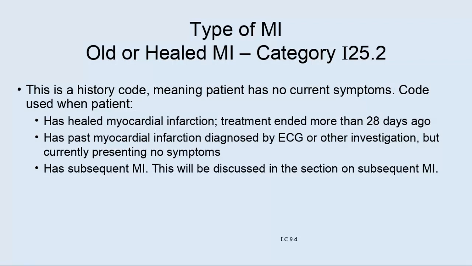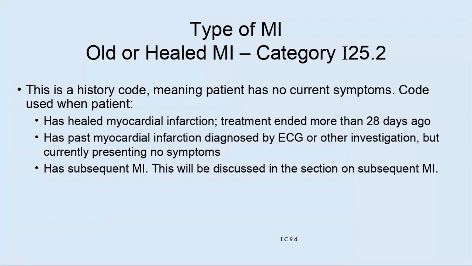So one more type of MI is an old or healed infarction. A myocardial infarction is considered old after 28 days, meaning 4 weeks. No additional treatment is needed. So that's what an old one is: it's done, it's finished, it's been treated successfully.